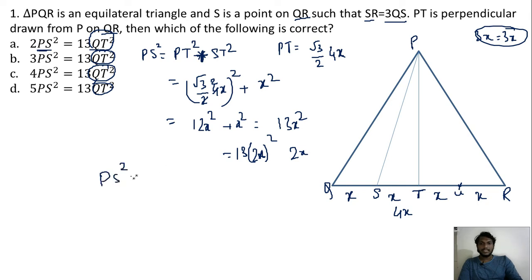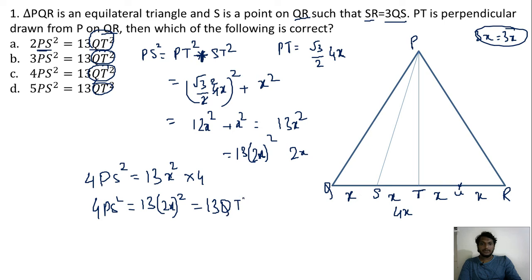Here PS square is equal to 13x square. Now if you multiply 4 on both sides, 4PS square will be equal to 13 into 2x whole square, which is equal to 13 into QT square. This is as simple as that. Option C is the right answer.